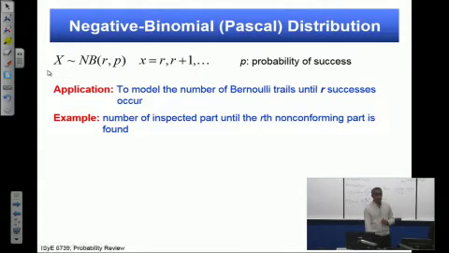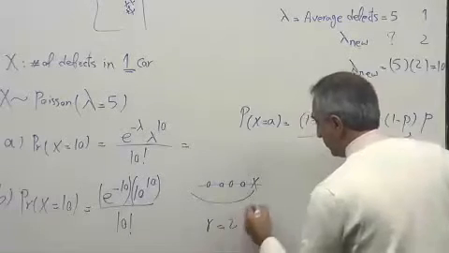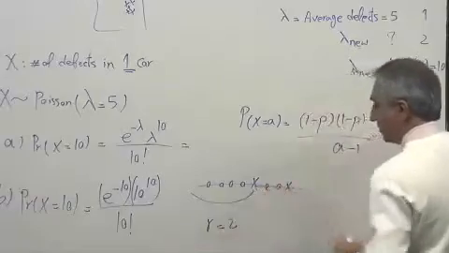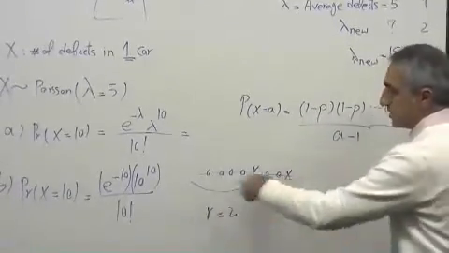One is r, how many successes we are interested in, and p is the probability of success. What is X? Yeah, Bernoulli trial, but what is X? Here in this case it is the number of trials, the number of trials I need to do until I observe r successes. Does it make sense? So let's say r is equal to 2.